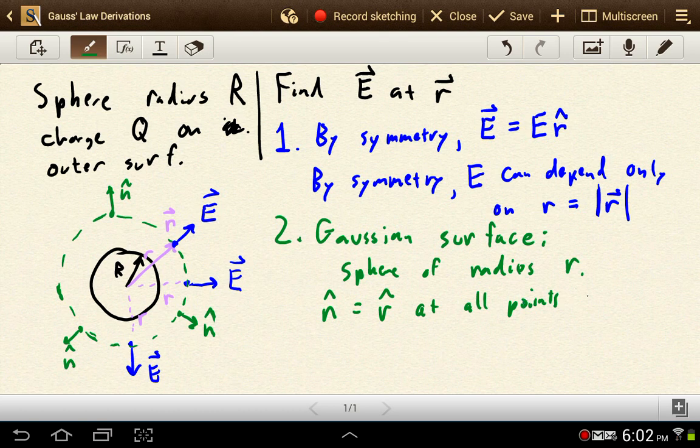So at any point you go to, your r hat vector and your unit normal vector will be the same thing. That's important because it makes things easier in the next step.